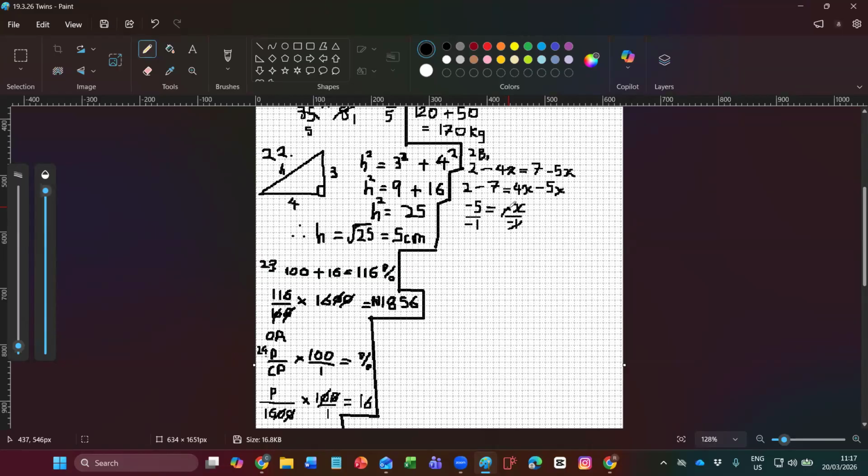So anything that happens in multiplication happens in division. So when you divide minus 5 by minus 1, the minus and minus will become plus, to become plus 5. Okay? Did you get that? So our answer is 5.